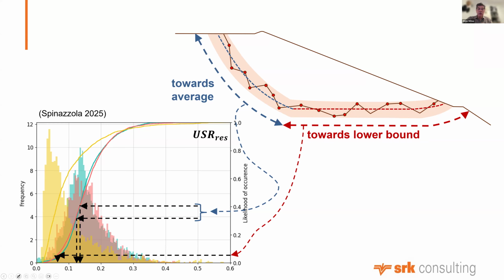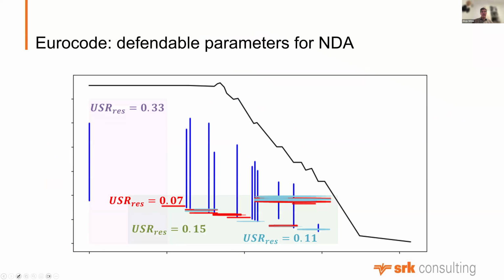So there is less conservatism in using the Eurocodes in the vast majority of the cases. So Eurocodes produce a defendable set of parameters to feed nonlinear deformation analysis. Look at this example from a real case.